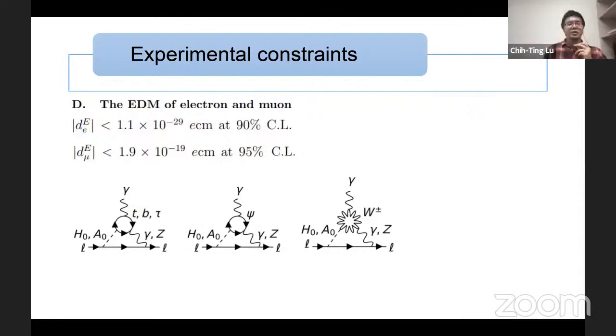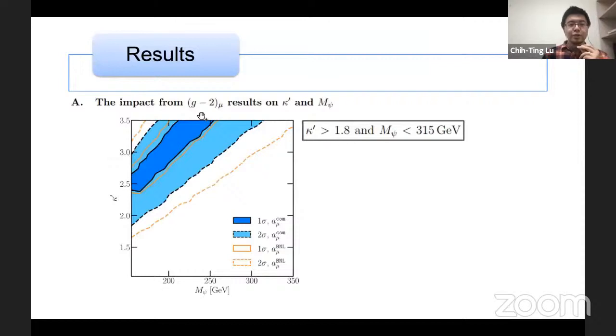I see. Because, as I said, we have the H and A CP-violating interactions, this model also suffers from the EDM constraints of the electron and muon. So let me show you some results.